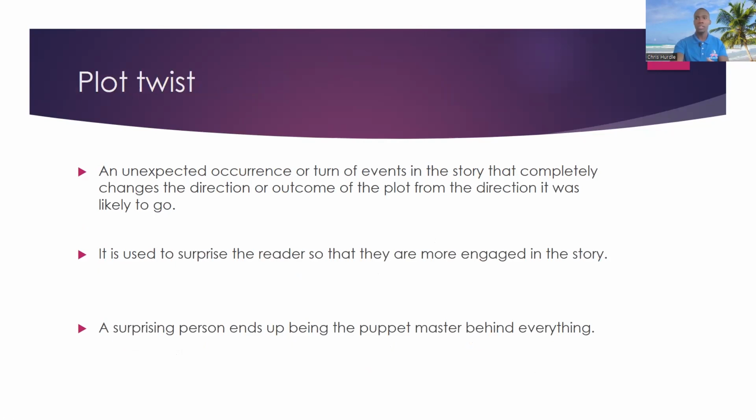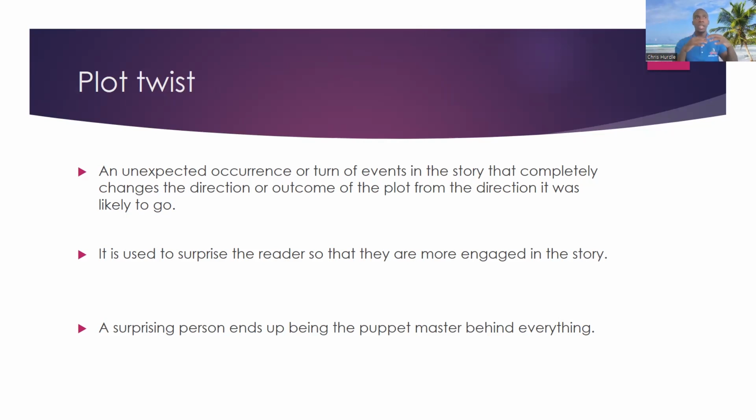All right. Plot twist. This is a very common plot device. So what's a plot twist? A plot twist is just an unexpected occurrence or turn of events in a story that completely changes the direction or outcome of the plot from the direction it was ready to go.